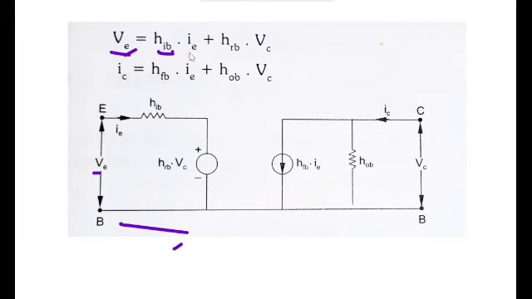And I1 is the input current, the input terminal current for base configuration is IE, that is the emitter current. This is IE, the input current, and it satisfies this branch. Another term is hrb into VC, here h12 into VC, this subscript rb means reverse voltage gain, and b is the configuration, that is base.